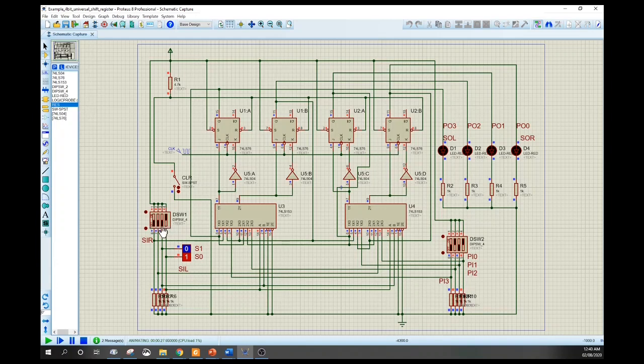So let's say, let's have parallel load 1, 1. Whatever the inputs here in our parallel inputs, it is being loaded into our shift register. And finally, we have 1, 0 as shift left.